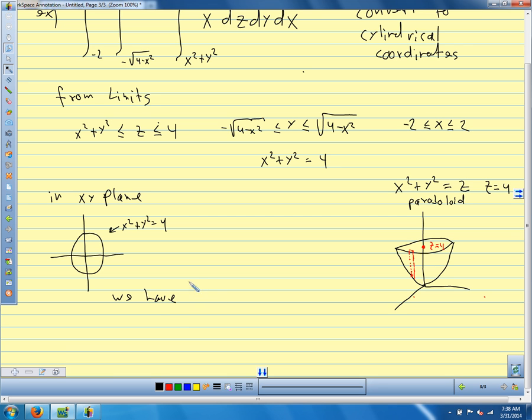And I'm going to write out my integrals, and we'll put our variables on here. Theta is varying from what to what in this region? 0 to 2 pi. R is varying from what to what in this region, our radius? 0 to 2.